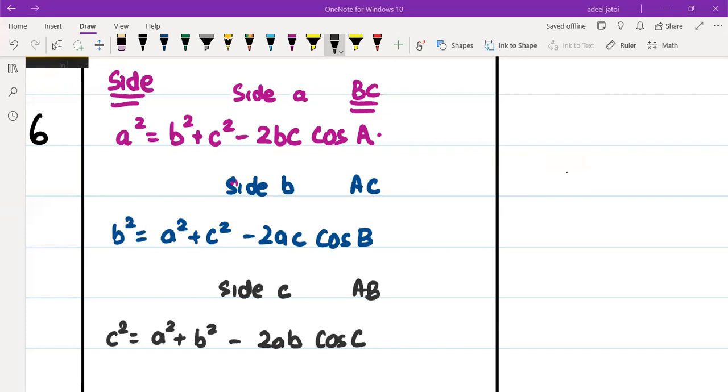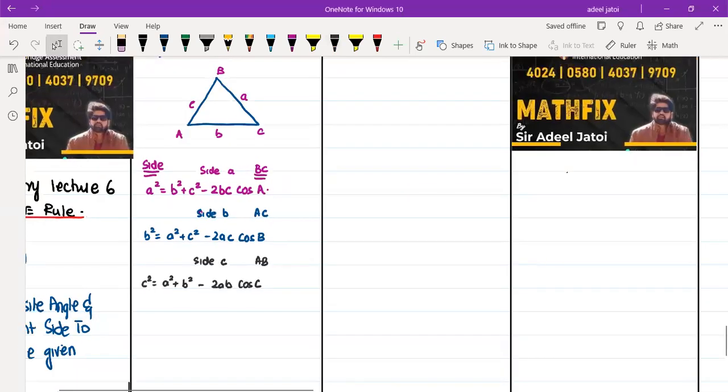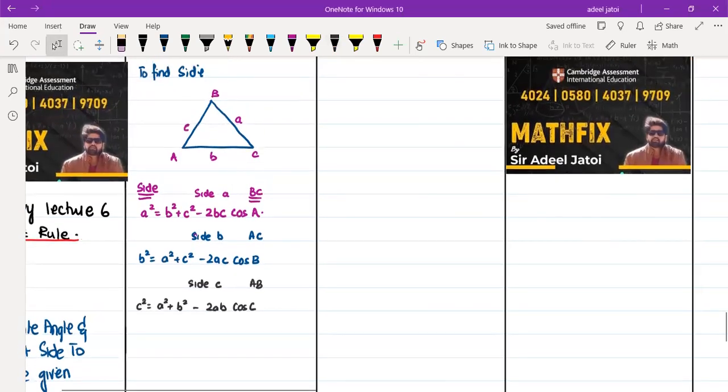So generalizing that these formulas are basically used when the opposite angle and the two adjacent sides are used, right? To find side, we need opposite angle and two adjacent sides to the angle.